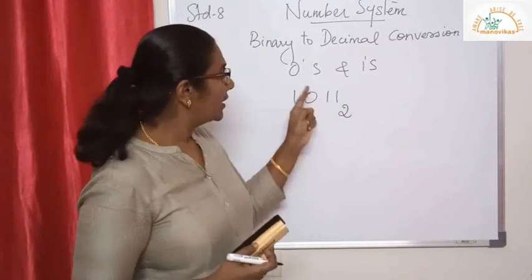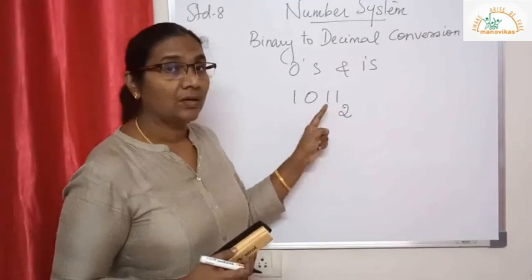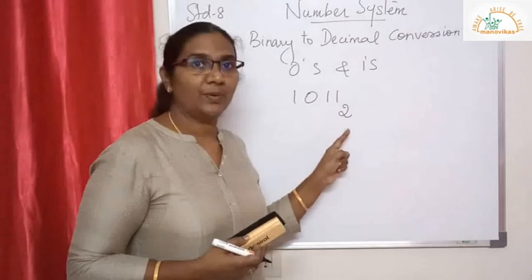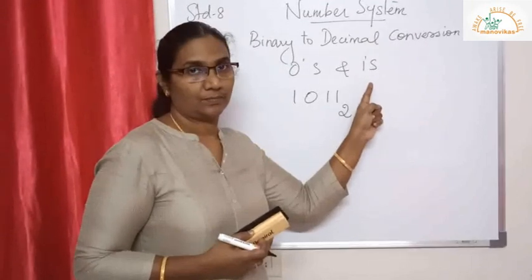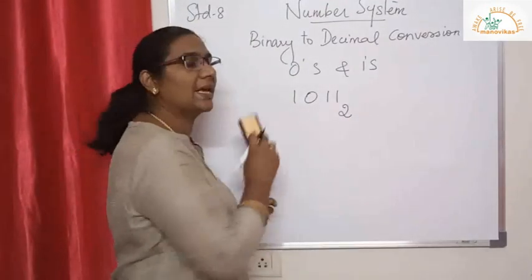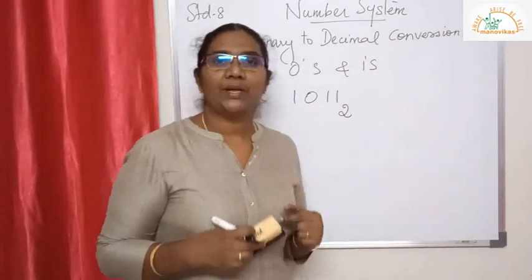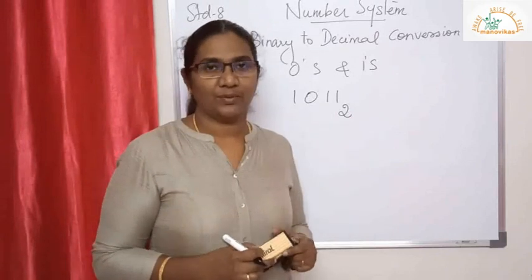Or you can say each digit in this number system can have numbers below 2. Everyone knows numbers below 2 are 0 and 1. Okay, so this is an example of a binary number. Today I am going to explain how to convert this to a decimal number.